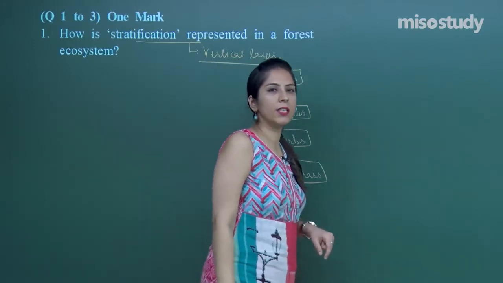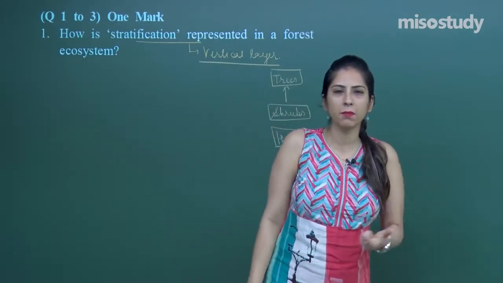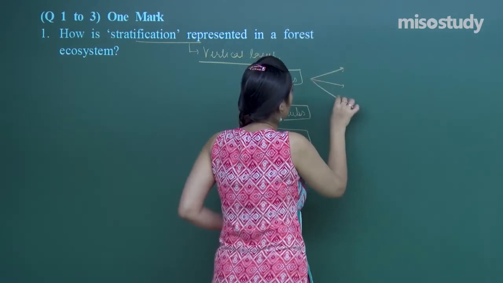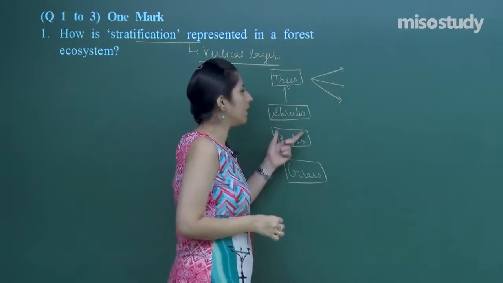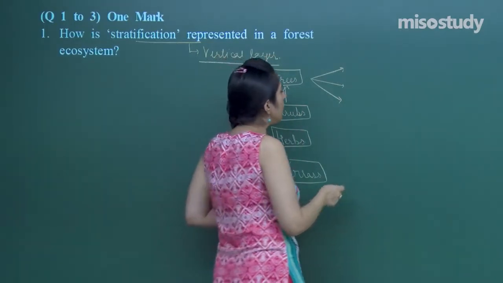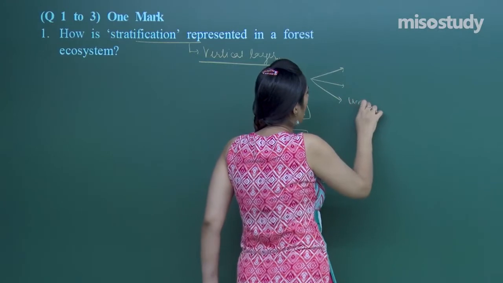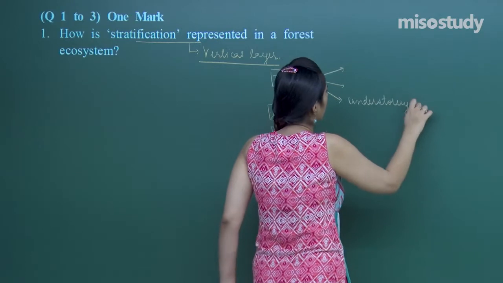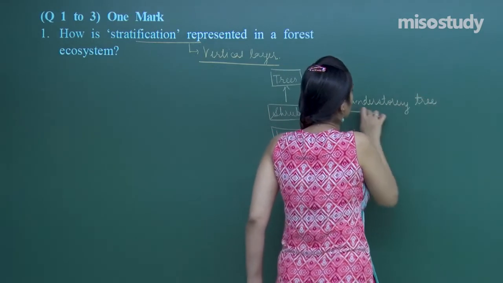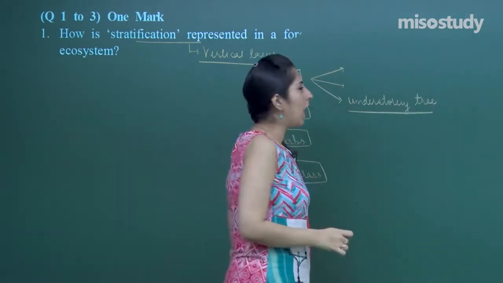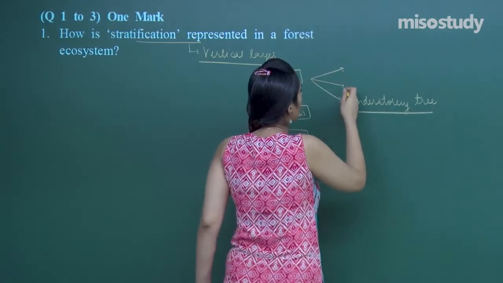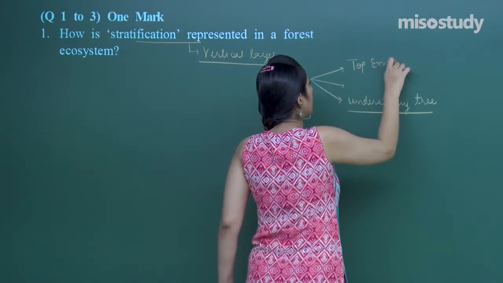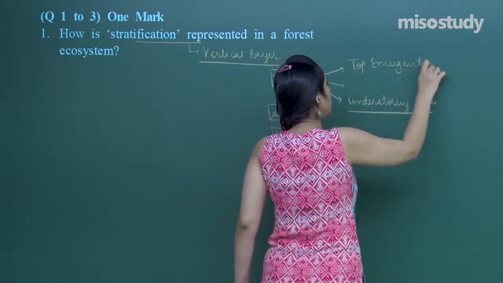Even among trees, three types can be distinguished on the basis of height. Towards the lower side, near the shrub height, we have the understory trees. Above that we have the top emergent trees.